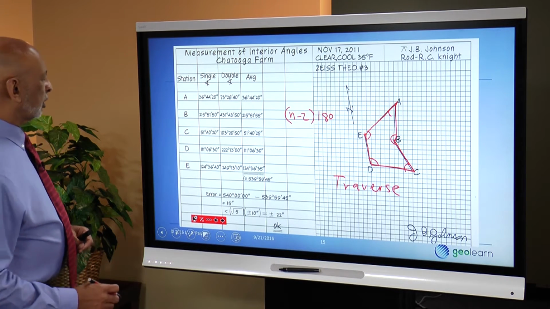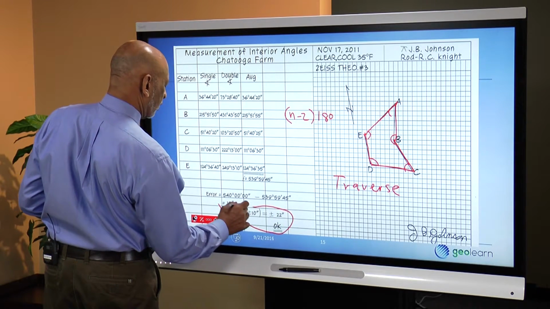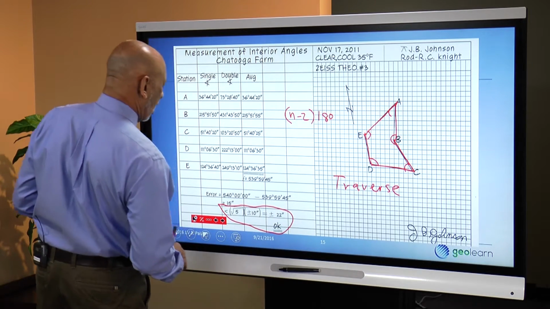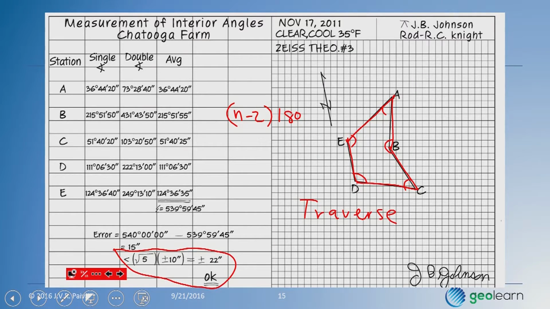And something that the author does here for these field notes right here said, okay, is that a reasonable amount of error that I can have? And it turns out that there are different ways of doing this, but one of the most common ways to evaluate if your error is within reasonable limits is to take the square root of the number of opportunities for that error, in this case 5, and multiply it by what you think a reasonable uncertainty is for your angles.